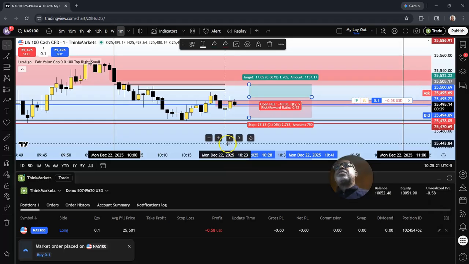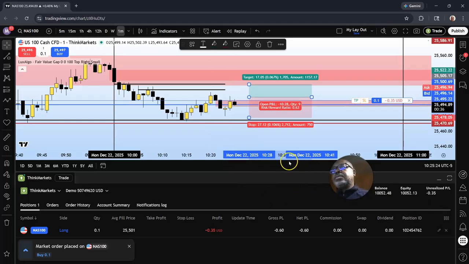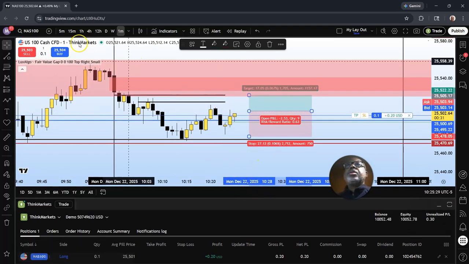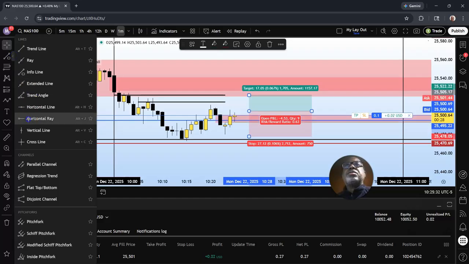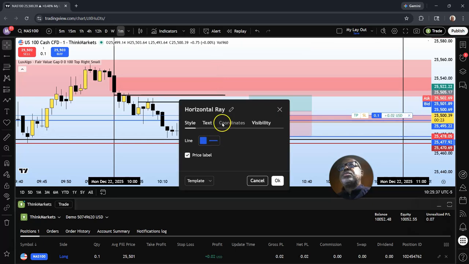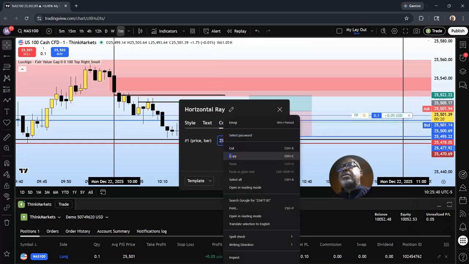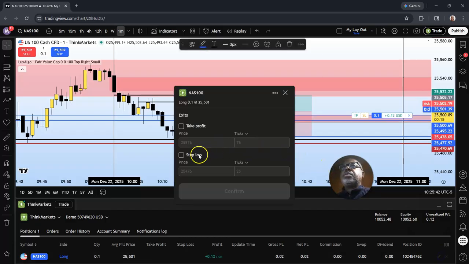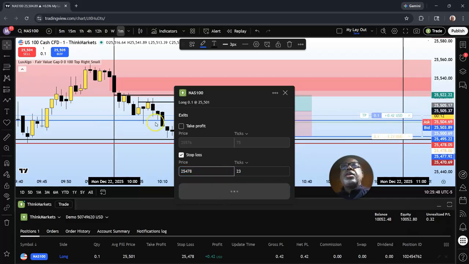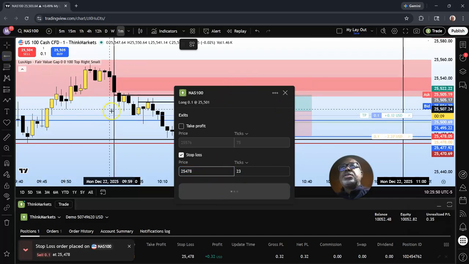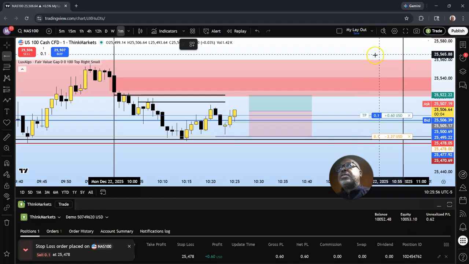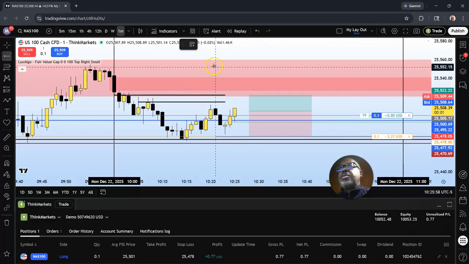Now we're going to set our stop loss and we're going to set our TP. Okay, so we take this tool. I like to use this tool. Set it right there. Grab this number. Put it as a stop loss. Confirm. Now we're going to set our TP, take profit, which is going to be, I want to do a 1-to-1, but I could also aim higher, but I want to do like a 1-to-1.